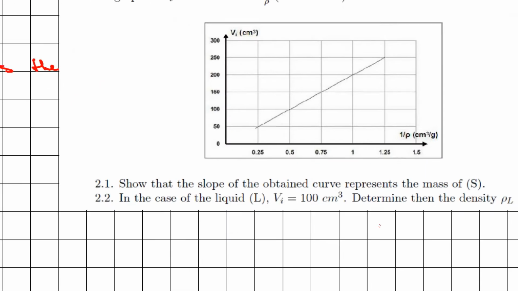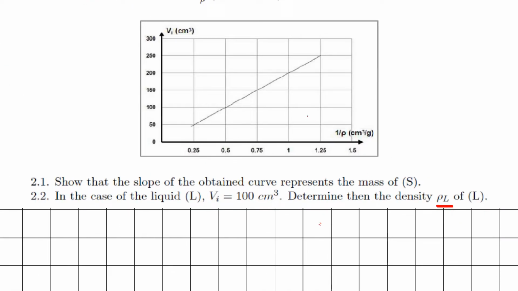Knowing that, in order to determine the density, we can refer to this graph. Why? Knowing the volume Vi, which is 100 centimeter cube, we can refer to this graph to determine the value of, not rho, but 1 over rho. But knowing the value of 1 over rho and then cross multiplying, we can determine the value of rho.